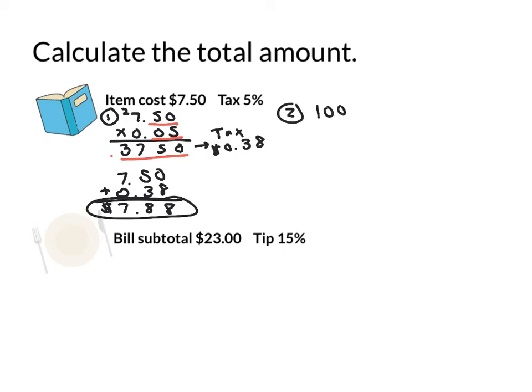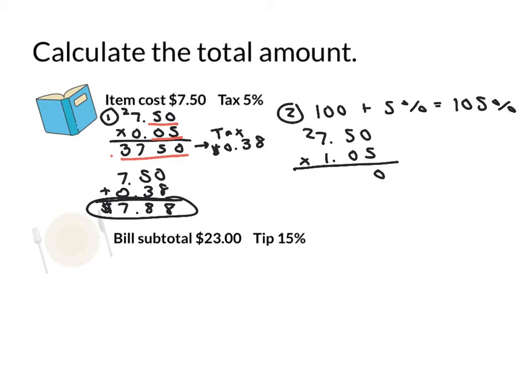We're paying for 100% of the book plus 5% of tax. That gives us a total of 105%. We're going to find 105% of the cost of that book. $7.50 times 105% written as a decimal is 1 and 5 hundredths.